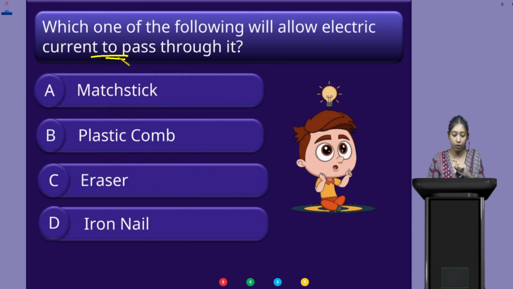Option A, matchsticks, option B, plastic comb, option C, eraser, or option D, iron nail. I'll give you 30 seconds of time. Within that time, you have to answer the question. I'm again reading the question. Which of the following will allow electric current to pass through it?